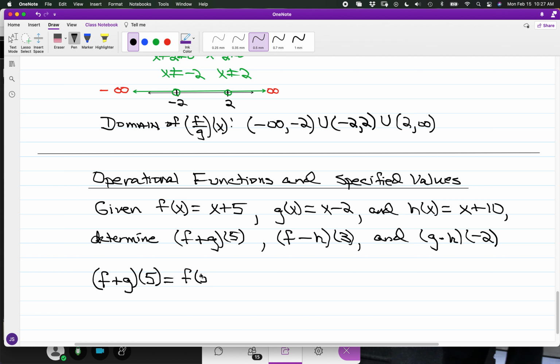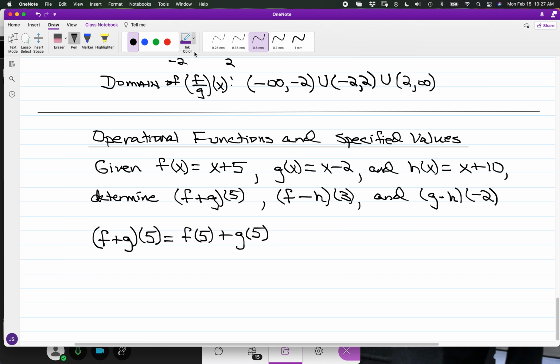Conceptually, we have f of 5 plus g of 5. So f of 5 would be 5 plus 5, which would be equal to 10.